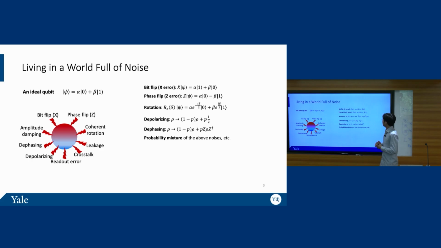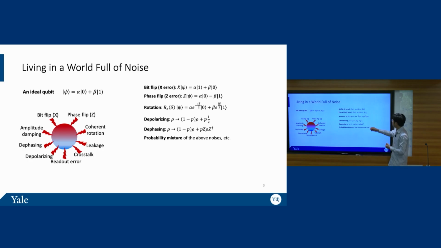So let's start with something similar, like a bit flip or X type of error that maps 0 to 1 and 1 to 0. So a superposition of states maps to a different superposition with the 0 and 1 flipped. That's our bit flip. There's something unique about quantum states. That's the relative phase between the two basis states.